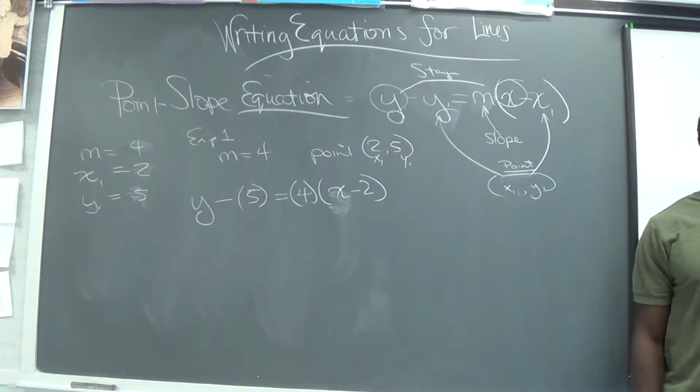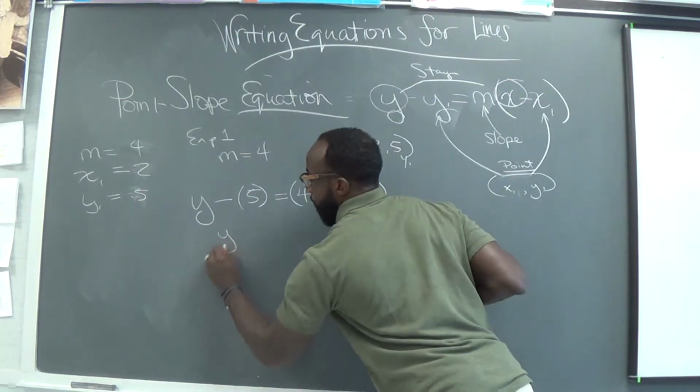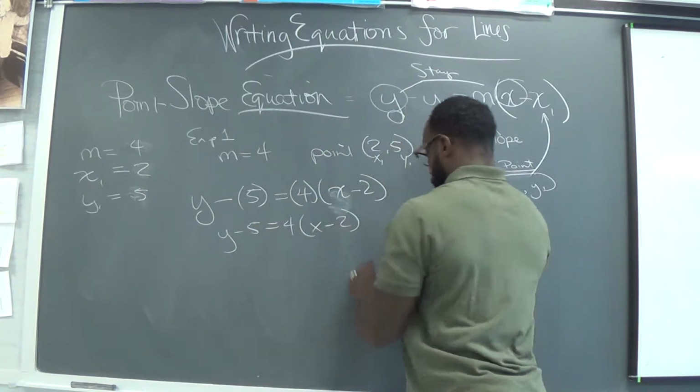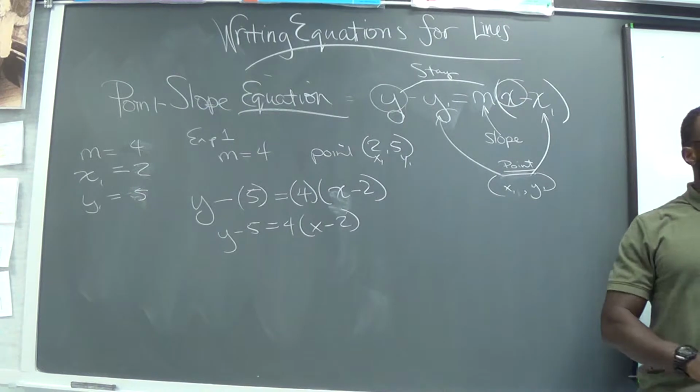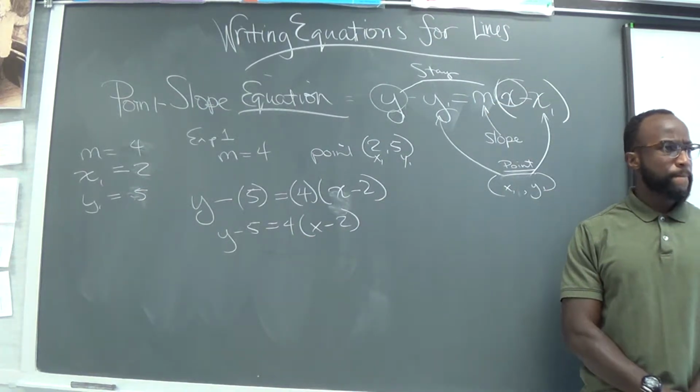Does everybody see that? I need you to pull out paper and write this down. So your equation is y minus 5 equals 4 times the quantity of x minus 2. Honestly and truly, that's the equation for the line. This is the point-slope equation. Right?